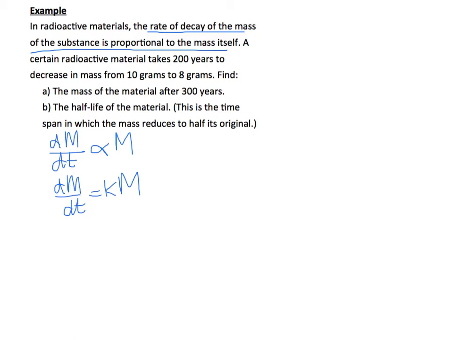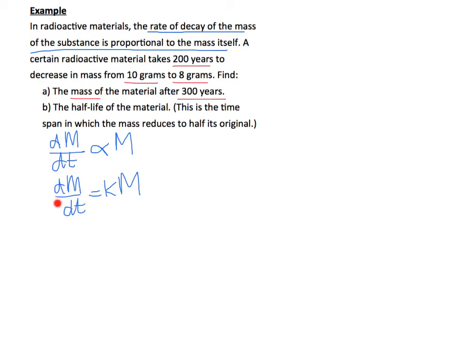Alright, a certain radioactive material takes 200 years to decrease in mass from 10 grams to 8 grams. Find the mass of the material after 300 years. Alright, so how can we use this equation to find the mass of the material when we don't even really know the rate of change?